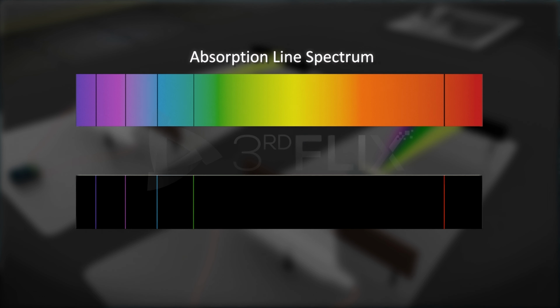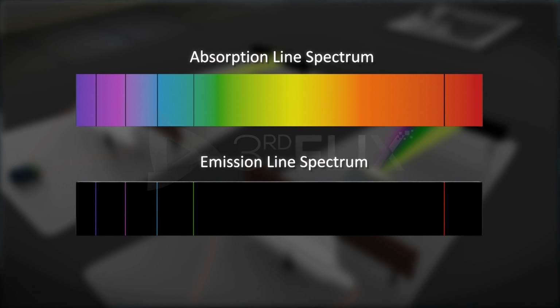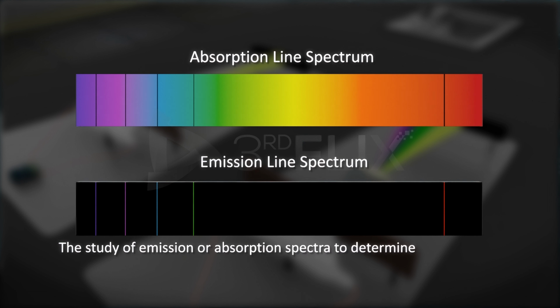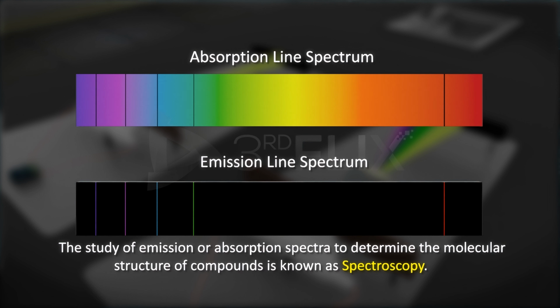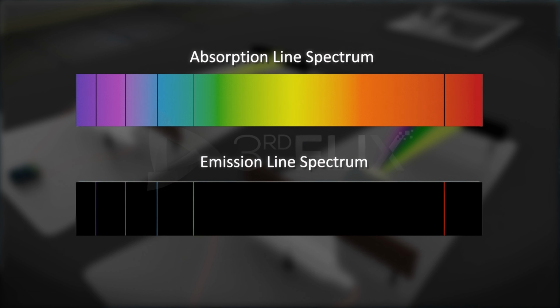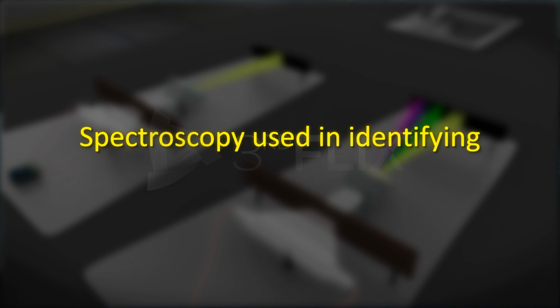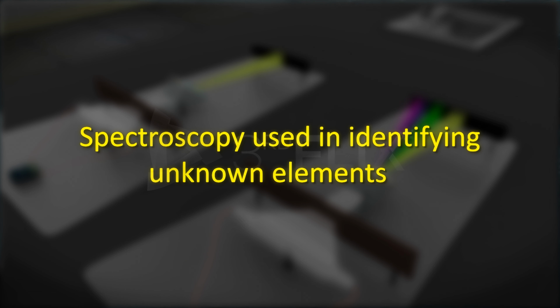Unlike the emission spectrum, absorption spectrum consists of a series of dark lines in the bright continuous spectrum. The study of emission or absorption spectra to determine the molecular structure of compounds is known as spectroscopy. Spectroscopy is used in identifying unknown elements.